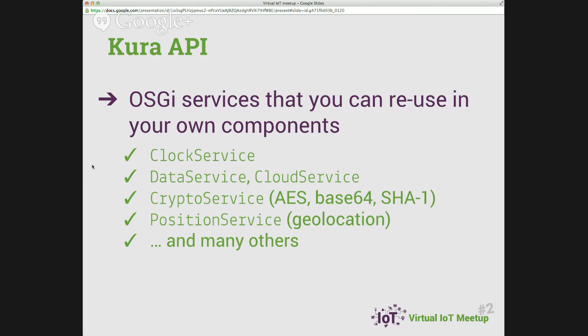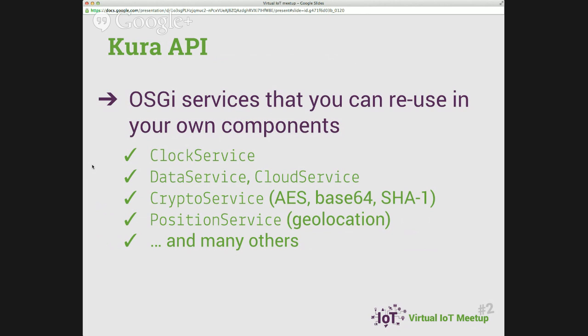So you can leverage a clock service if you want to be notified whenever an NTP synchronization has occurred, because you want to be aware of that. You want to leverage the data service or the cloud service to talk to an MQTT server. You want to do ciphering, then you have a crypto service for doing that.